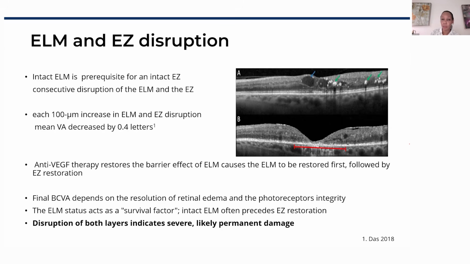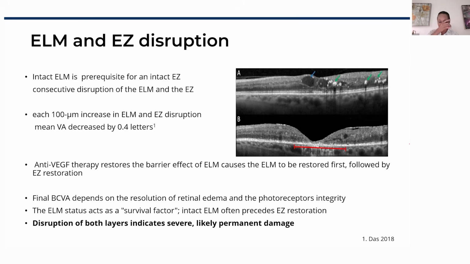Now, anti-VEGF therapy can restore the barrier effect of the external limiting membrane. If it is restored, and you follow up with OCTs, you will find the ellipsoid zone can sometimes be restored also.